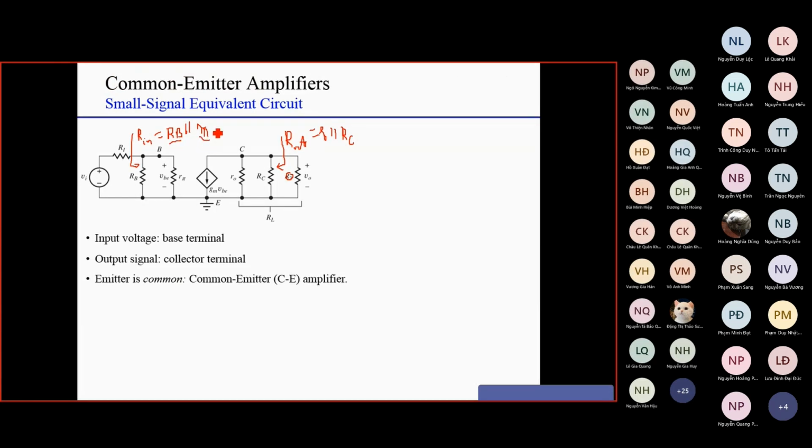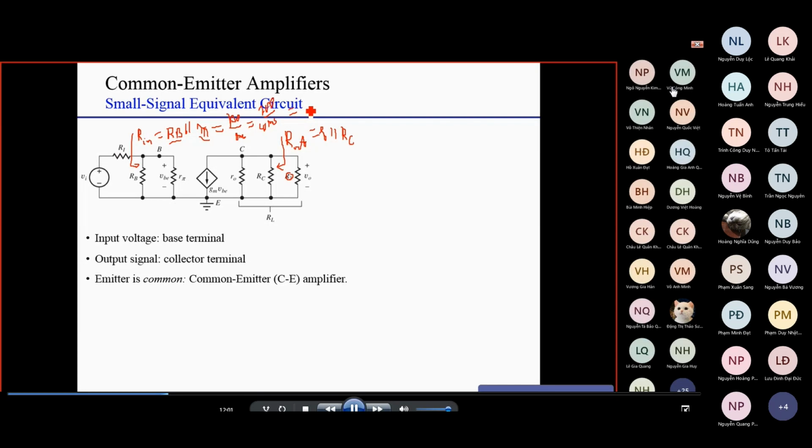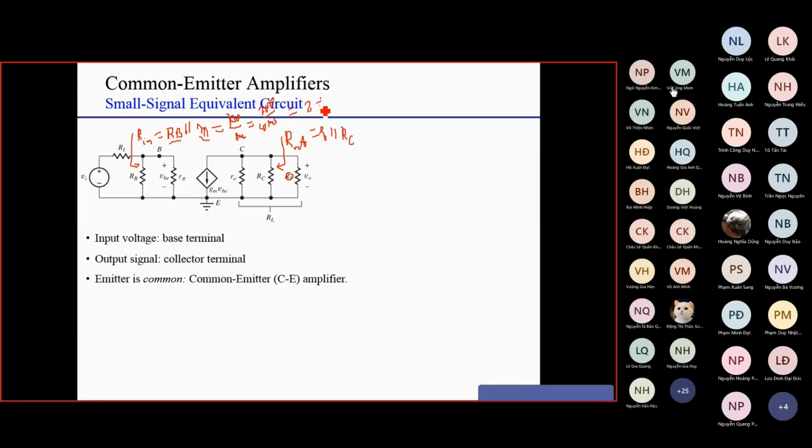R pi is equal to B0 over Gm. B0 is about 100 and Gm is in the order of millisiemens, 40 millisiemens for example. So R pi is in the order of 2 to 5 kilo ohm. So you have something very big, 100 kilo ohm, in parallel with something small, R pi, in the order of kilo ohm.